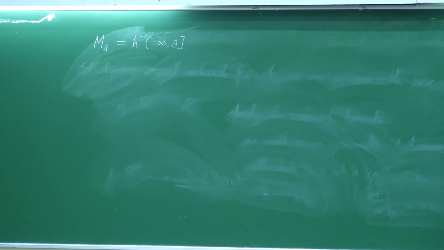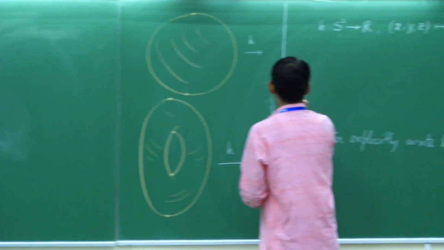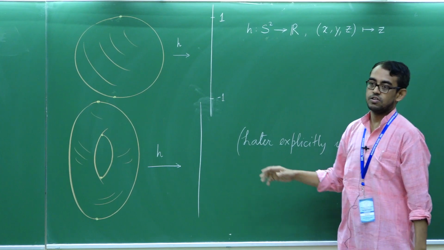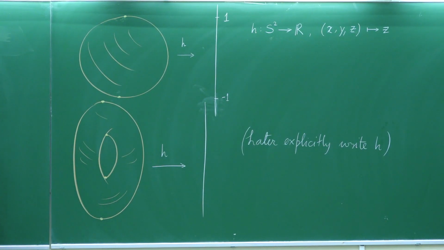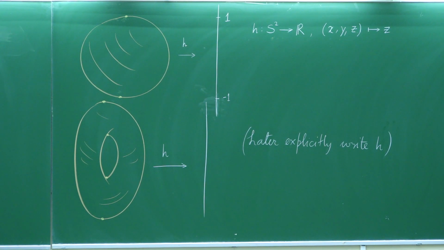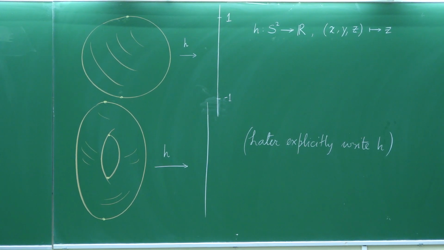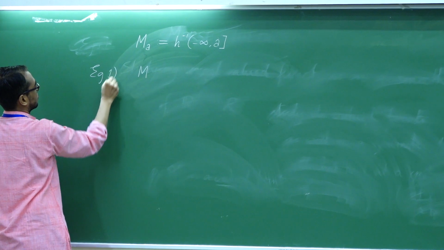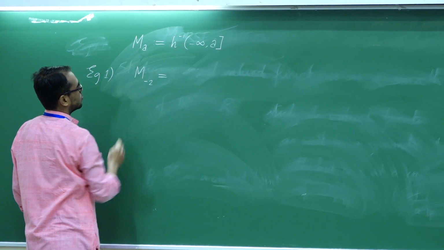So in this example, this is minus 1, this is 1. So what is M? This is the definition. So let's do example 1. What should be M of minus 2?